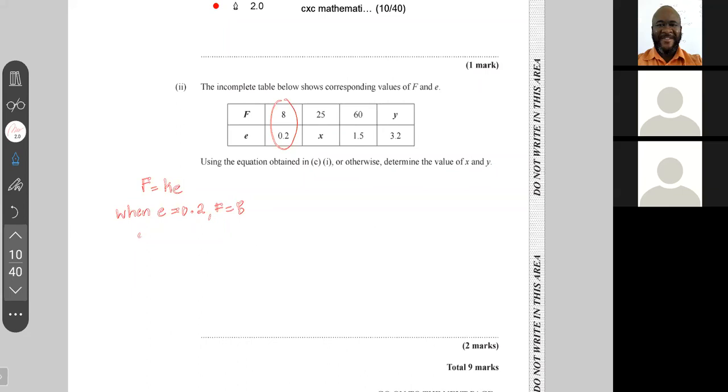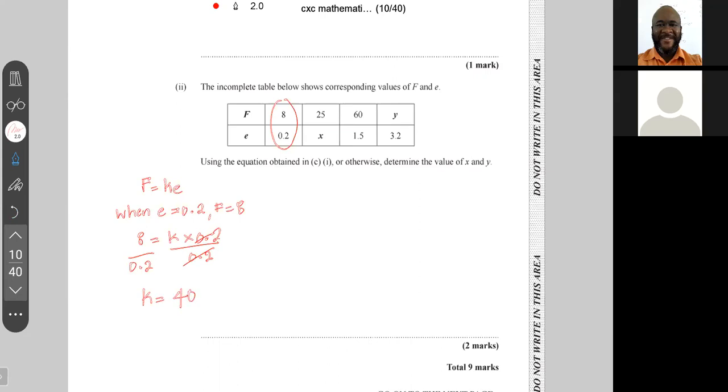So I'm going to get 8 is equal to K multiplied by E, which is 0.2. Now, if I divide both sides by 0.2, I think I'm going to get that K is equal to 40. K is 40. So step two, I'm going to be given a value of E and F so that I can calculate K.